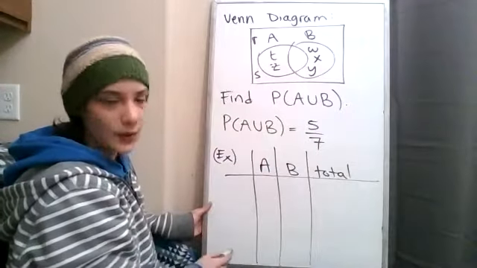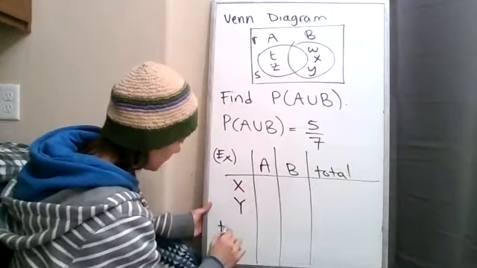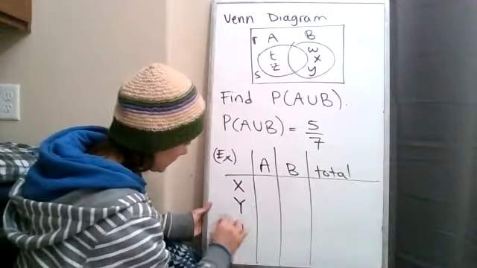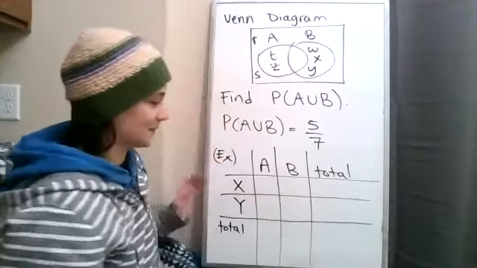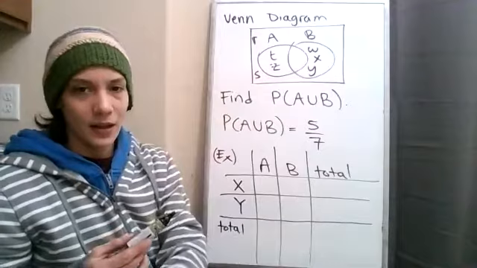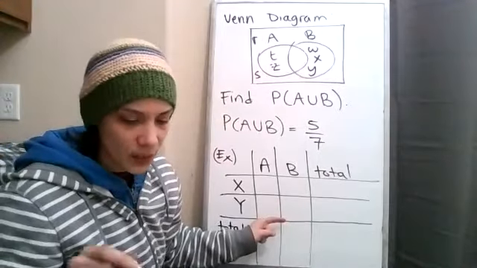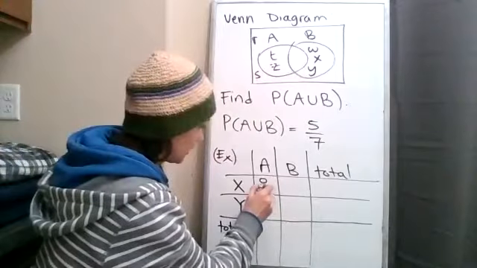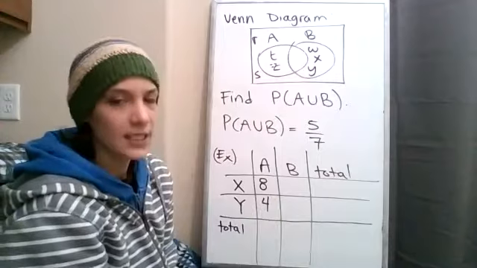X, Y, total. The numbers for the table would be 8, 4, 6, 7.